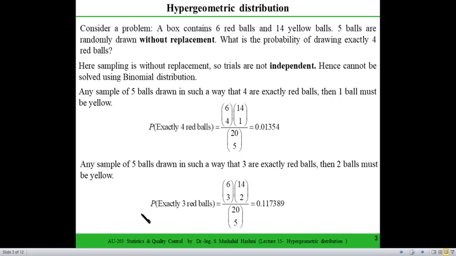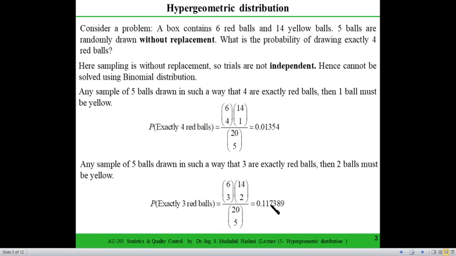So the probability of getting exactly 3 red balls has the same denominator, 20 combination 5, and the red balls would be 6 combination 3, because this time you need 3 red balls out of 6, and 14 combination 2 is the number of ways you can choose the yellow balls. This time you see the probability is a bigger number. 11.7% is the probability of having exactly 3 red balls.